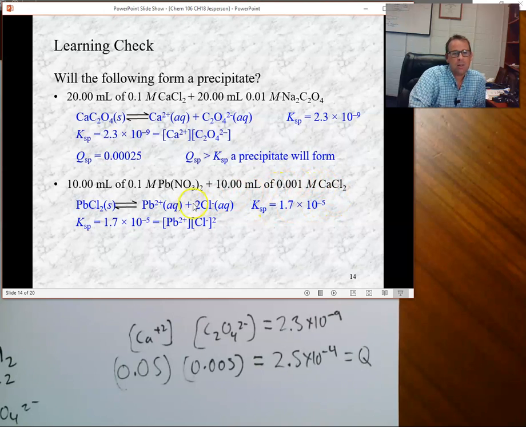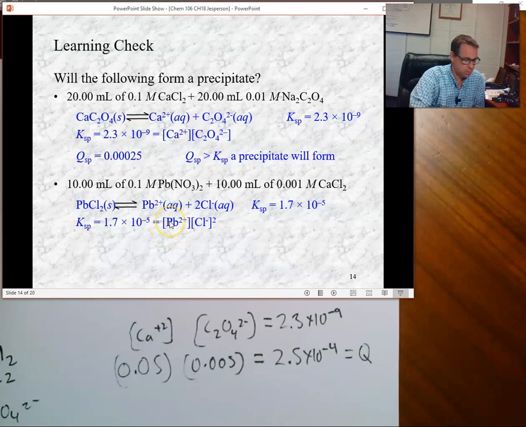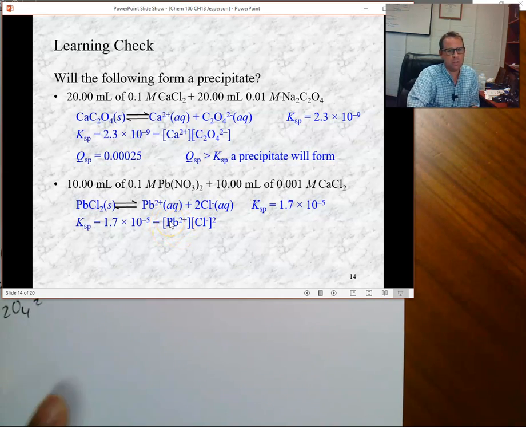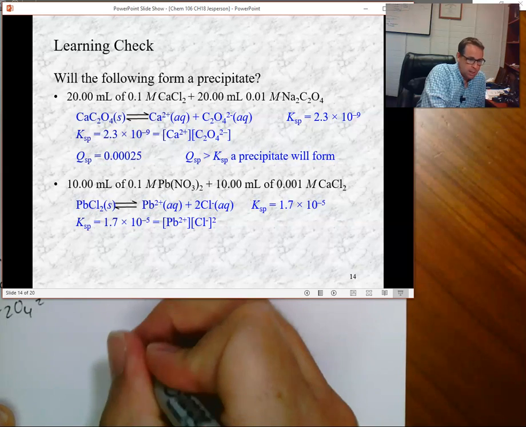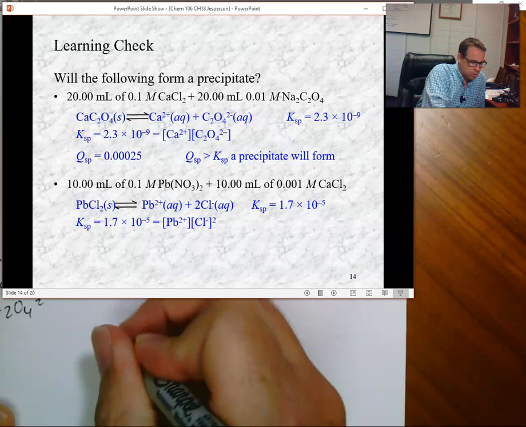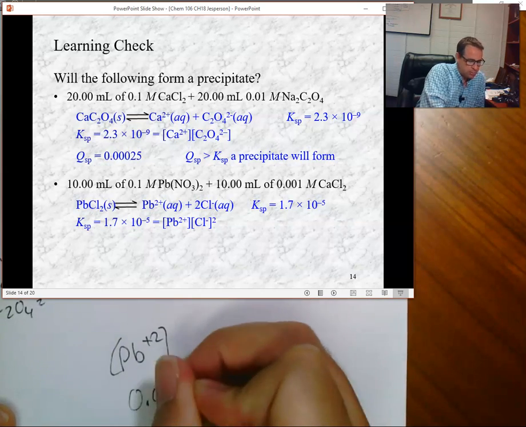All right. The concentration of lead ion, once I combine 10 milliliters of 0.1 molar with 10 milliliters of this stuff, is going to be not 0.1, but 0.05, half that concentration for the lead ion concentration, right? So the lead ion concentration, 0.05.